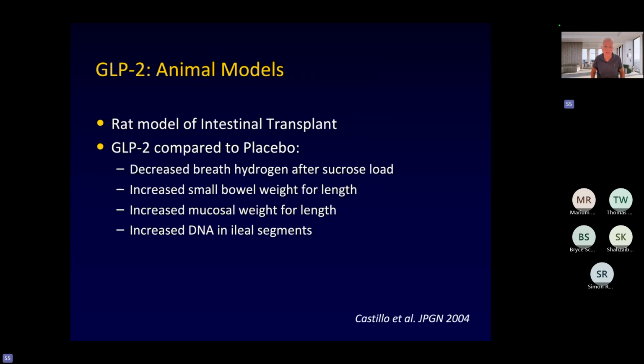In animal models of intestinal transplantation, GLP-2 compared to placebo decreased breath hydrogen after a sucrose load, meaning that it increased the absorption of sucrose, obviously. It also increased small bowel weight for length, increased mucosal weight for length, and increased DNA in bowel segments.